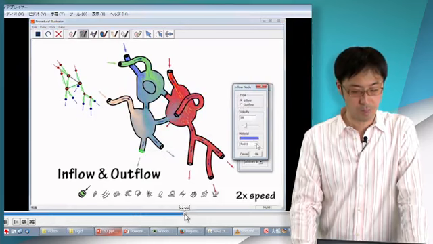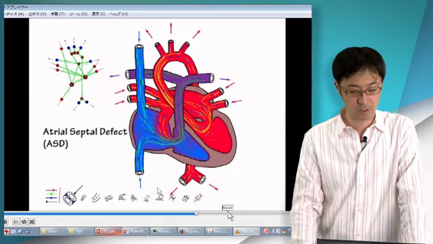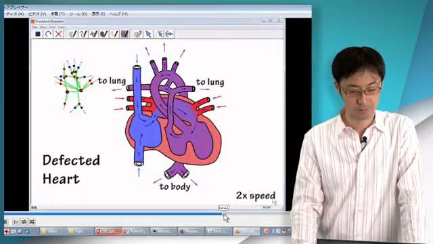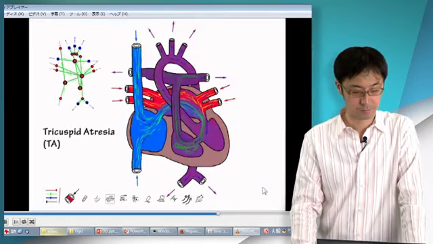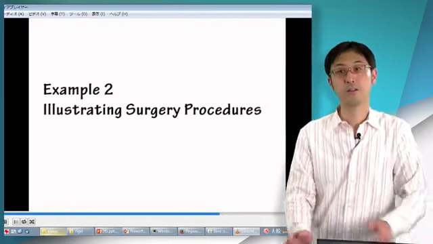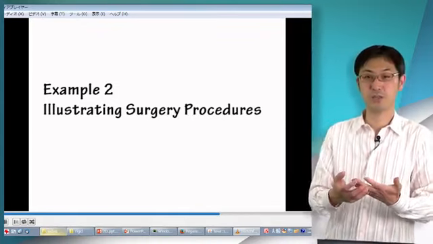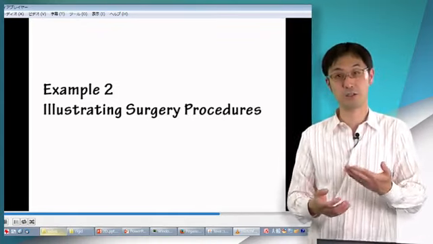Okay, so our motivating example is here. Here, we use this tool for explaining surgical operations for a defective heart.